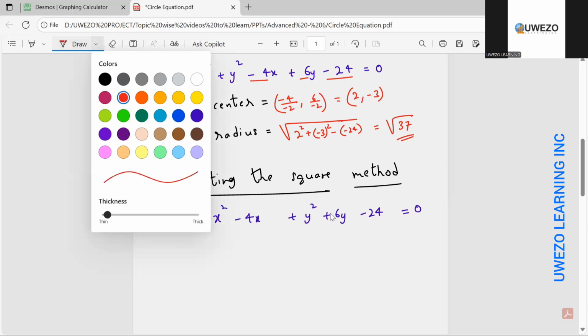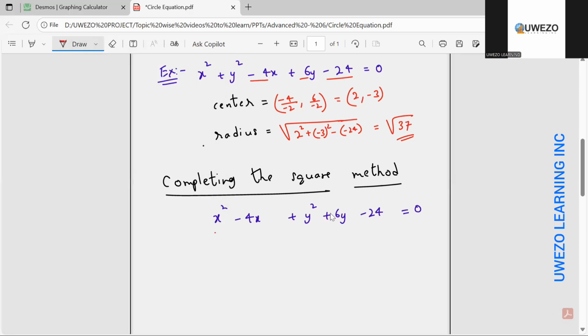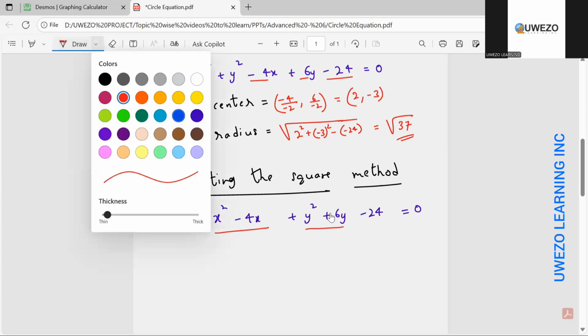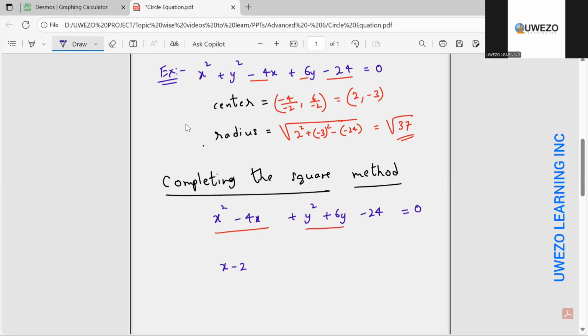Now, we need to complete the square using the x terms, the y terms, and also some missing constants.